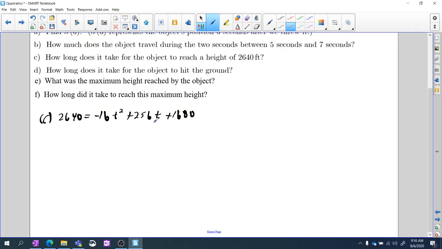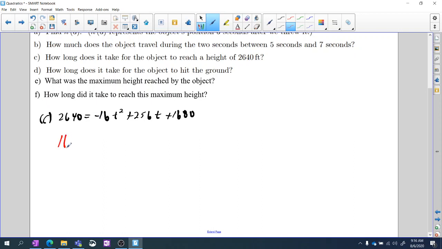Alright, so this is the equation we're trying to solve. We want the height, which was the left side of that quadratic function, to equal 2640. Let's make this equal to 0 to solve, and then we'll see what strategy we're going to use. We have to solve for t. What times does it take to get to this height? Because I got a negative here, I'm going to move all of this stuff to the left.